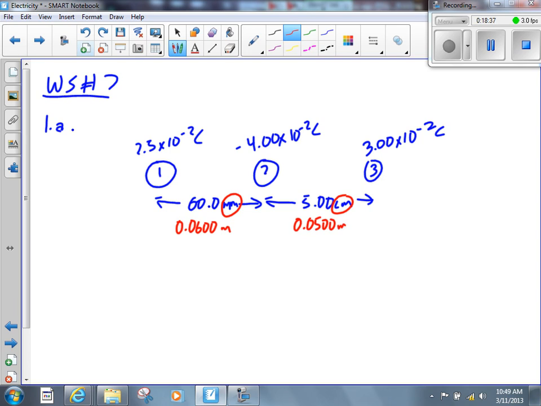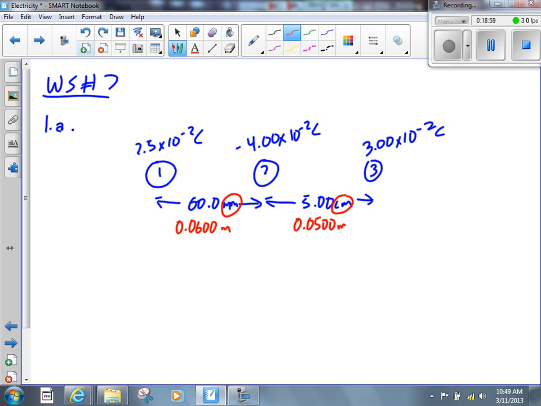Now, we want to find the net force on charge number 1, due to charge 3 and charge 2. Let's pretend 3 isn't there. Let's look at charge 2 and charge 1 only. Charge 1 is positive, charge 2 is negative. Are those going to attract each other or repel each other? They're going to attract each other. Good.